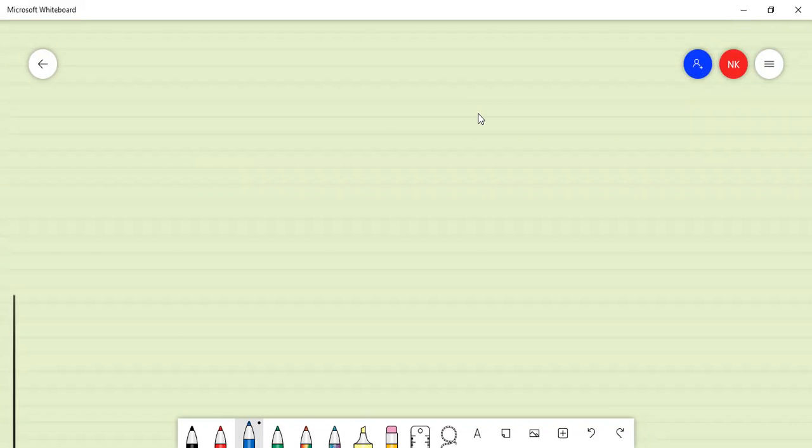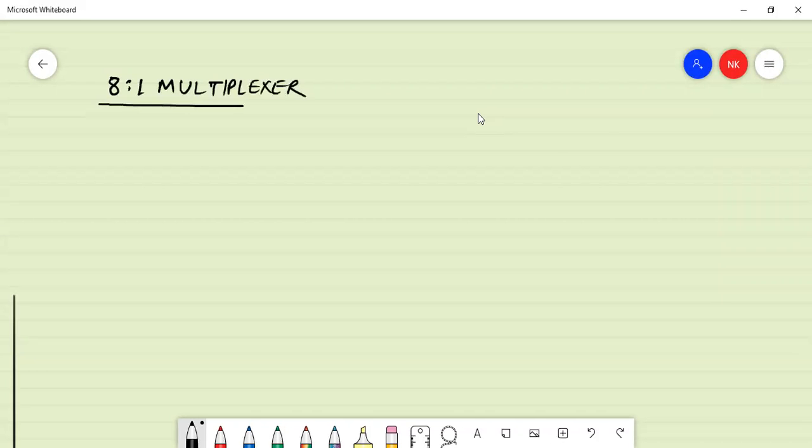Okay, so today we will see 8:1 mux. As here in this case also we have 8:1 multiplexer.